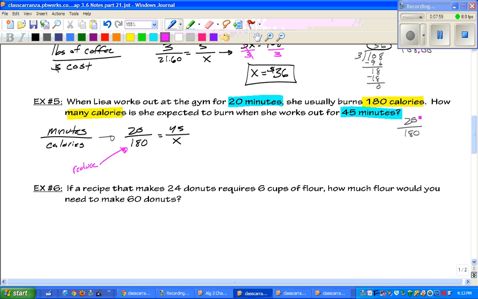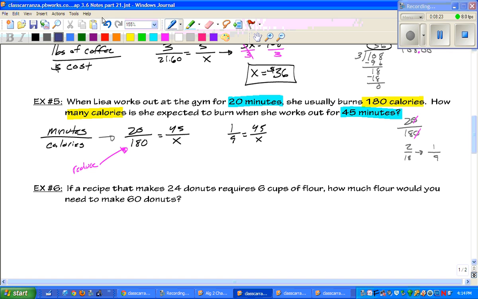The fast way to do it is, if you have a 0 on both of those, that changes to 2 over 18. And we can actually still reduce that to 1/9. If you're able to reduce the fractions right away, I would do that. Otherwise, you're going to be working with some really big numbers.